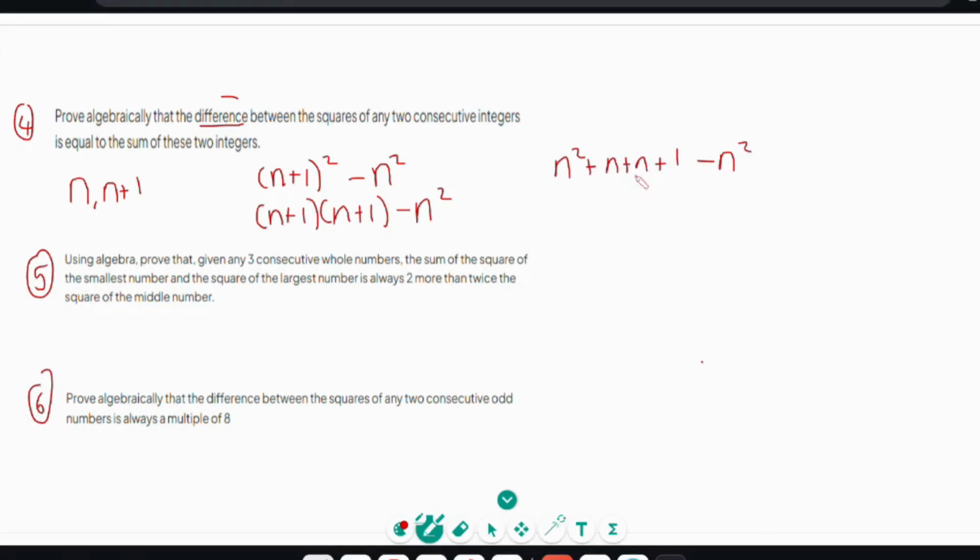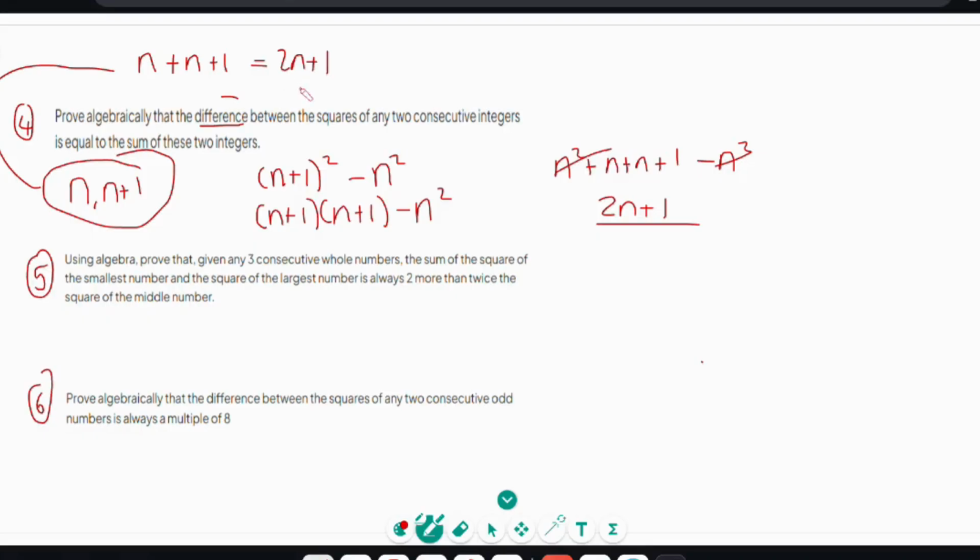Right, so I'll collect our like terms here. N squared take away n squared. N plus n. Add 1. Right, now is that equal to the sum of these 2 integers? Let's add them together. Yes, it is.